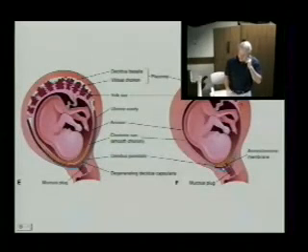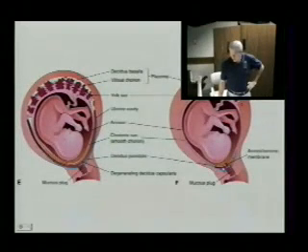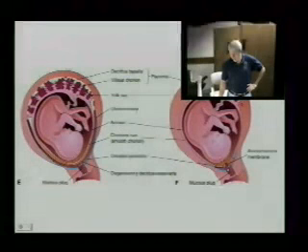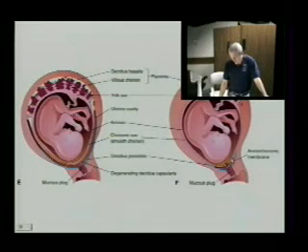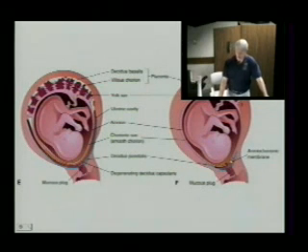Everything begins to stretch, as we know. And the one barrier between the fetus and the cervix is this new structure after the decidua parietalis, capsularis, has degenerated, called the amniochorionic membrane. So it is made up of the amniotic membrane, the amnion, and the smooth chorion layer.